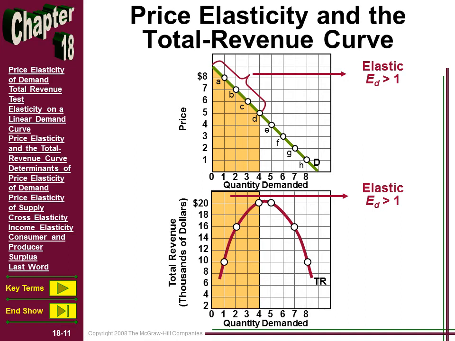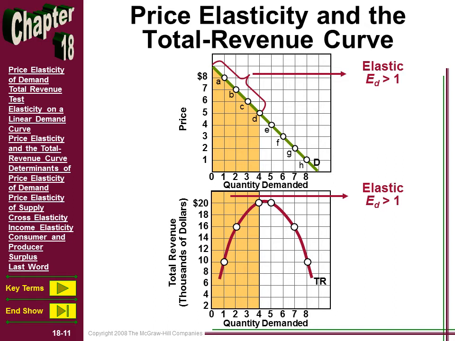It just should make sense to you, because what's happening over that region is that you have relatively small percentage changes in price, your denominator, met with relatively large percentage changes in quantity demanded. So it's over the $8 to $7 range, right? Quantity demanded increases from 0 to 1 or from 1 to 2. So a 100% increase or a 50% increase on top of a relatively small percentage change in price is going to yield something greater than 1, right?